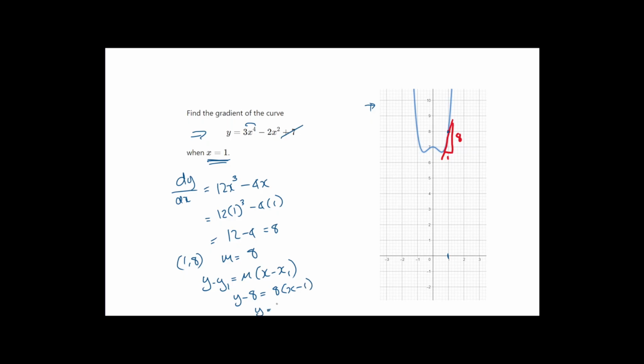So y is going to be equal to 8x minus 8 plus 8, so that's just going to be 8x. And if you follow this down, it will, by the looks of it, go through the origin and be the line y equals 8x.